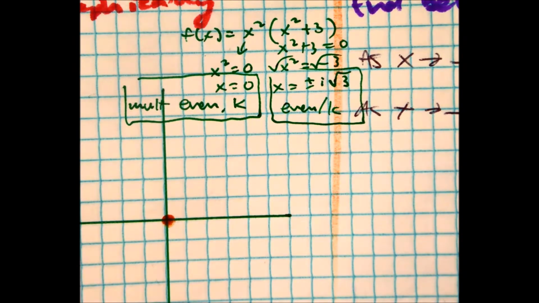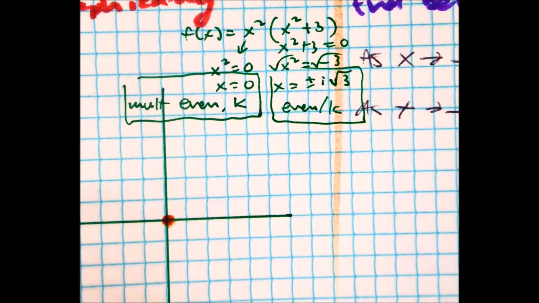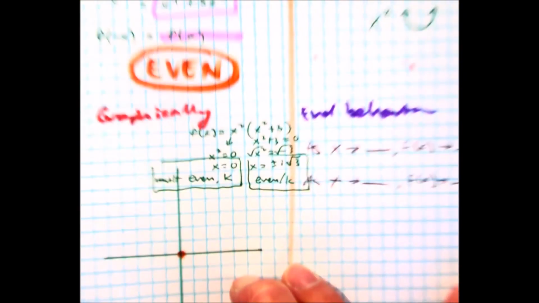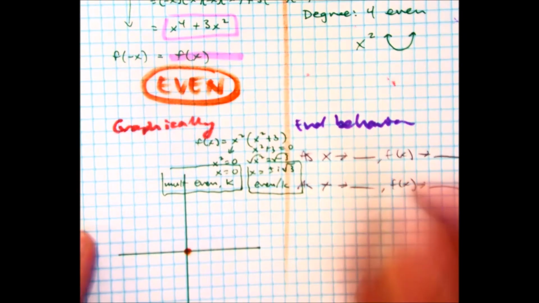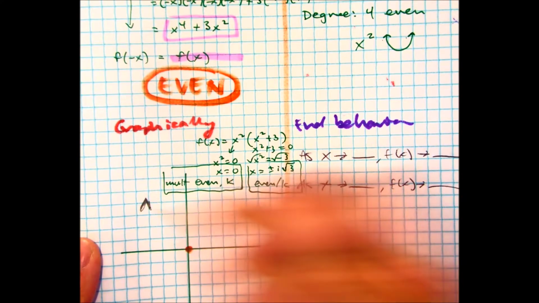So give myself a sketch. Don't even have to use a graphing calculator. So I know it starts up, ends up. Just going to go ahead and write through all those.